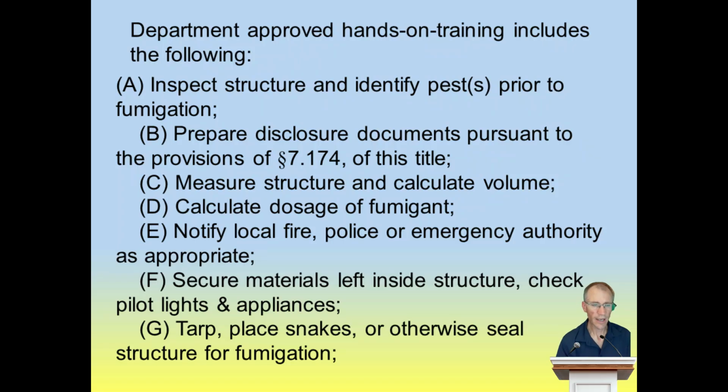D. Calculate dosage of fumigant. E. Notify local fire, police, or emergency authority as appropriate. F. Secure materials left inside structure. Check pilot light and appliances. G. Tarp, place snakes, or otherwise seal structure for fumigation.